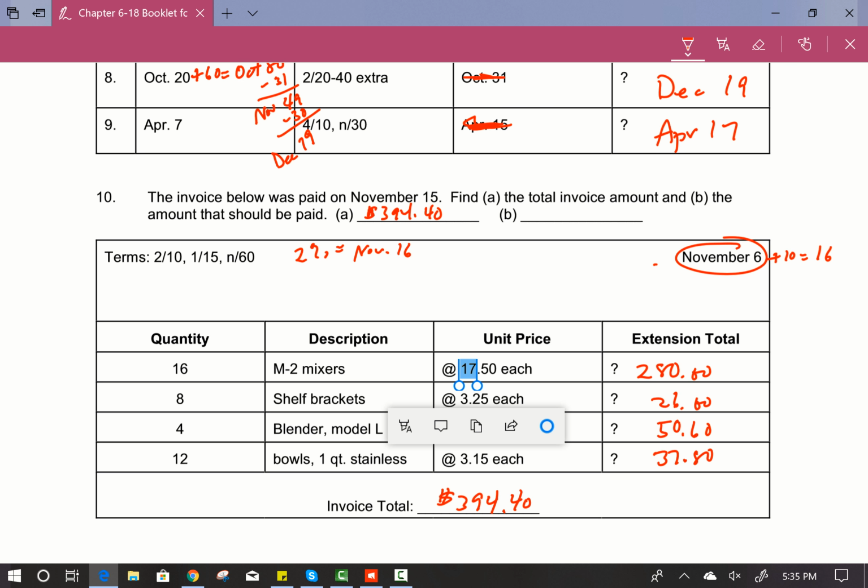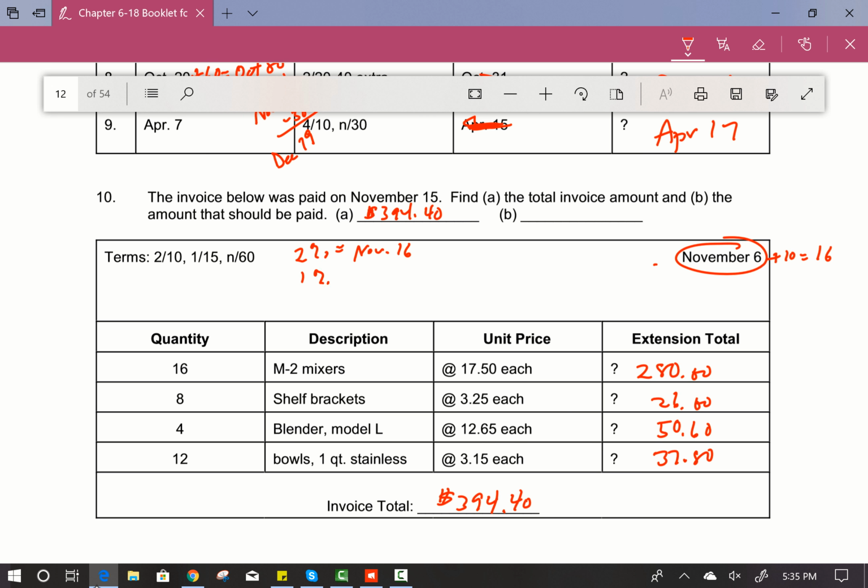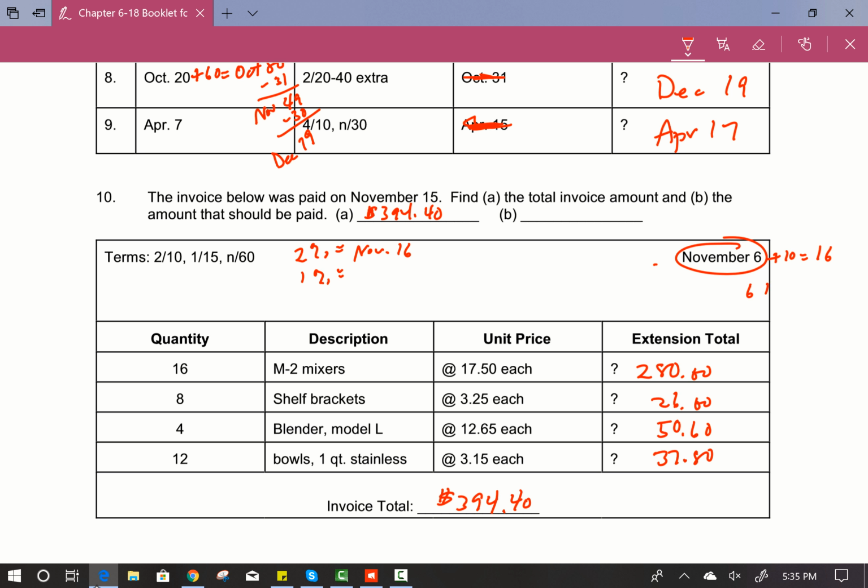Okay, we get a 1% discount if our payment is between November the 16th and, so we have November the 6th plus 15 days, make us 21, and that'd be November the 21st.